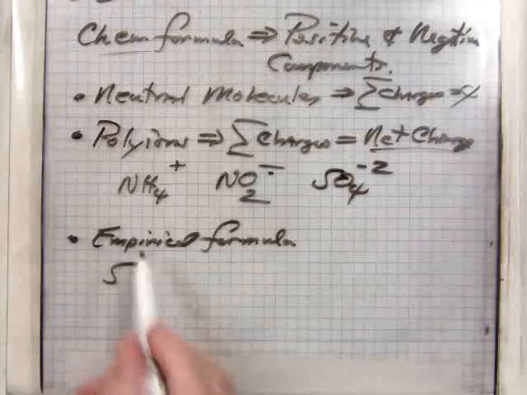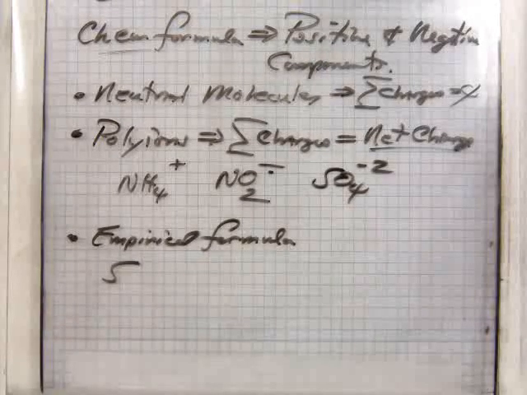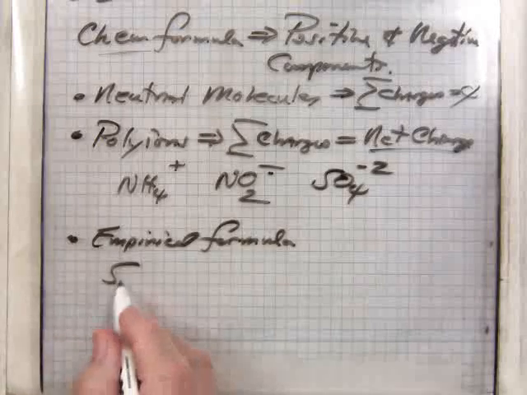Okay, the empirical formula is the smallest whole number ratio of elements in a compound.